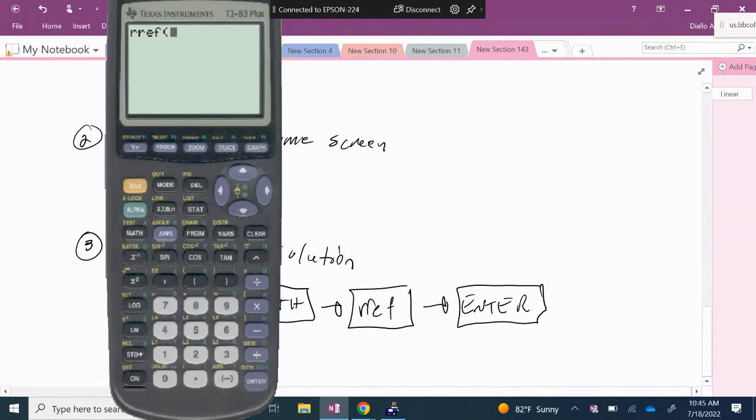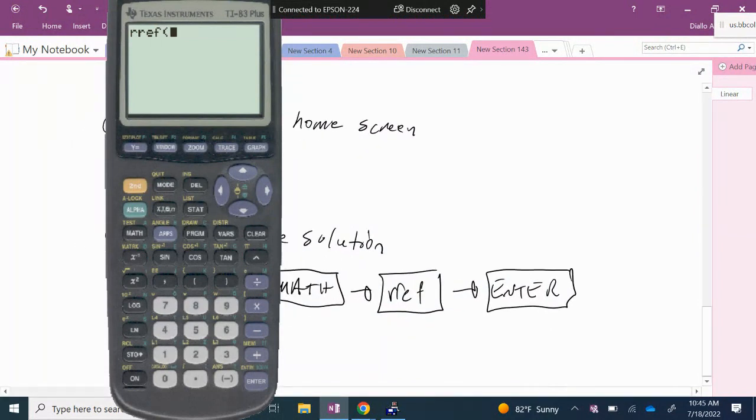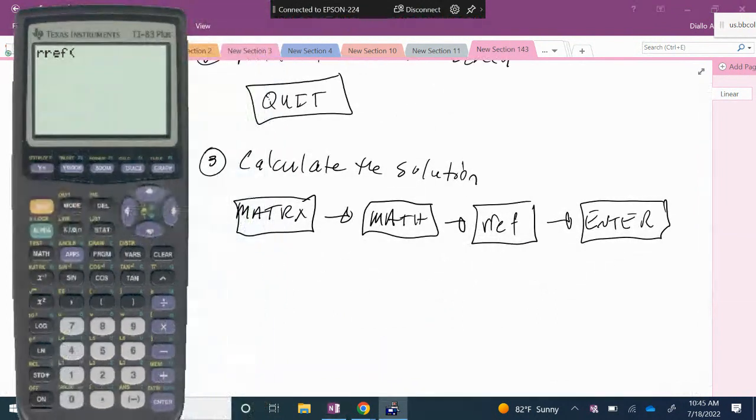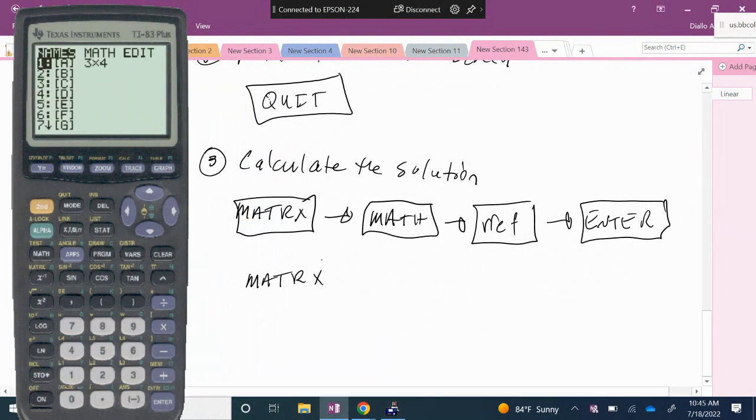And then we have to put in the matrix which we want to reduce down. So I have to go back into matrix. I'm going to hit second and inverse key, which gives me the matrix. Then you have to select the matrix you want.